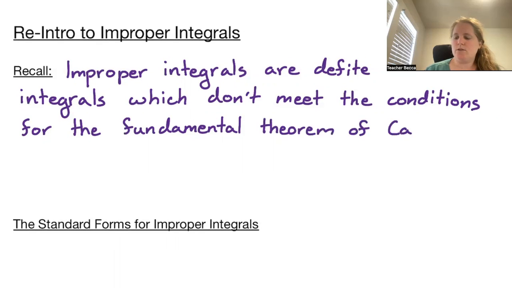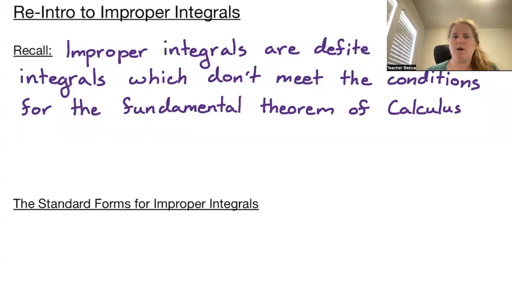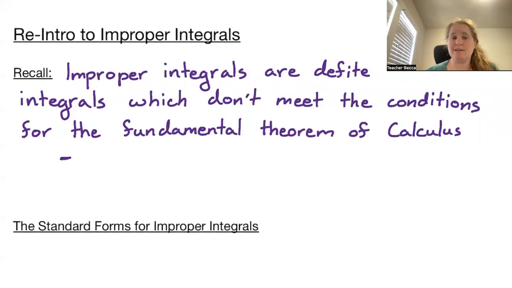So there were essentially two ways that the fundamental theorem of calculus could fail. Option one could be that the function, the integrand, is discontinuous.